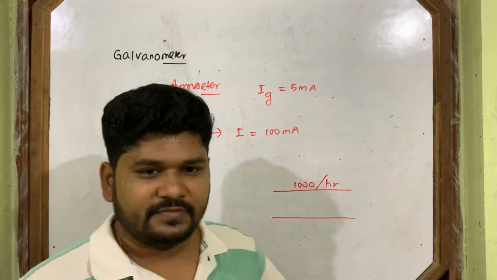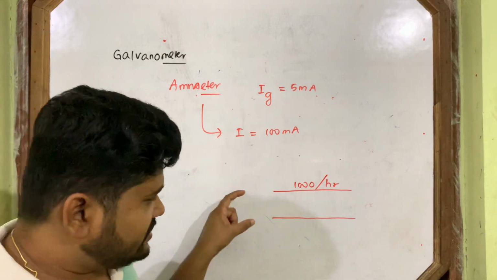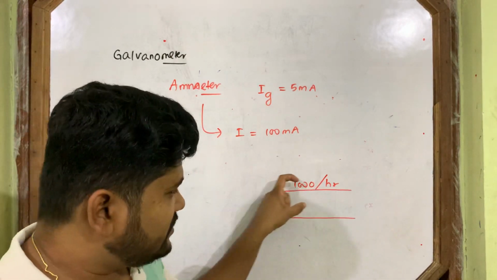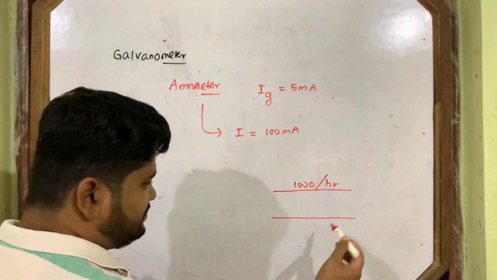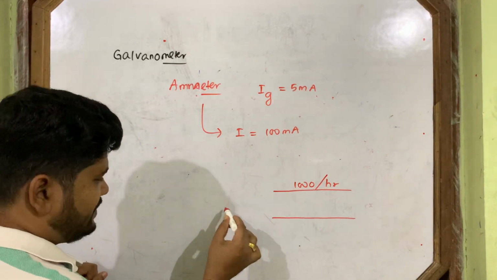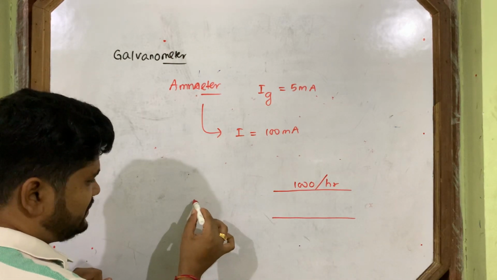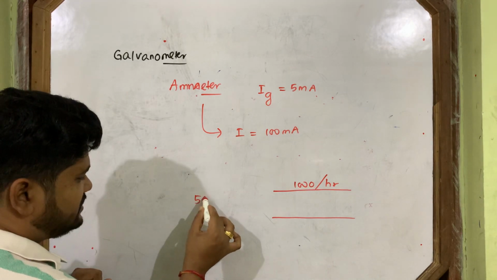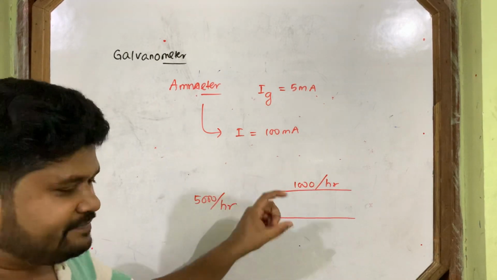This is the town road, maximum 1000 vehicles can go through. But due to some requirement, every day the traffic increases, and now around 5000 vehicles per hour are coming.